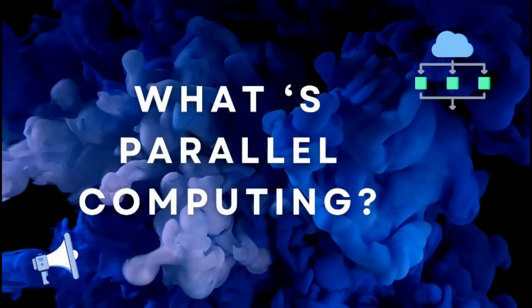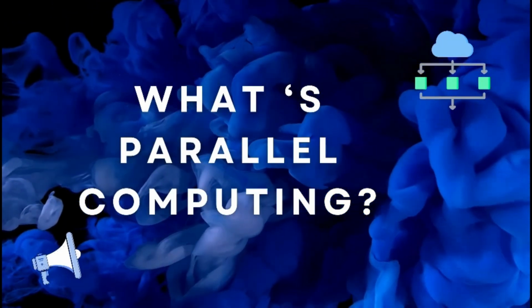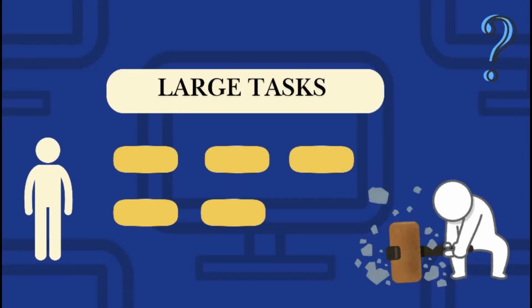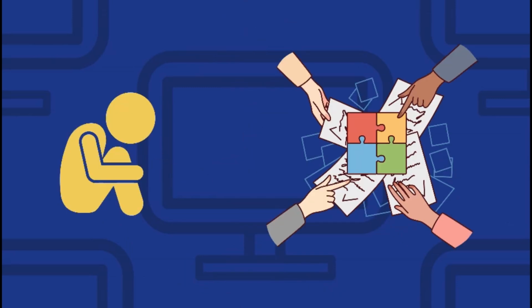And now, let's see, what do we mean by parallel computing? Parallel computing is all about breaking a larger problem into smaller tasks that can be executed simultaneously across multiple processors. Think of it as a team project. Instead of one person doing the whole work, the tasks are divided among all team members, reducing the overall time required.